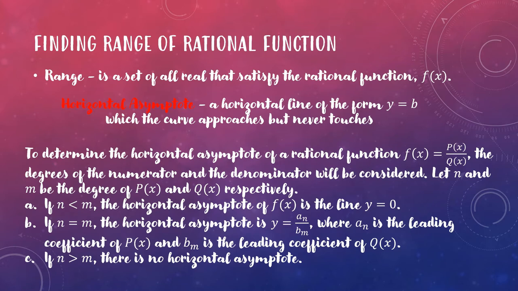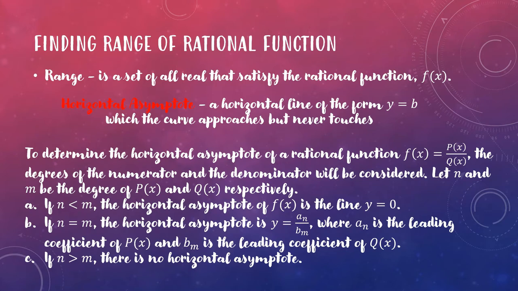First, n is the highest exponent or the degree of our numerator, and m is for the denominator. So, if n is less than m, the horizontal asymptote of f of x is the line y equals 0. So, automatic nga y equals 0 ang iyahang horizontal asymptote.